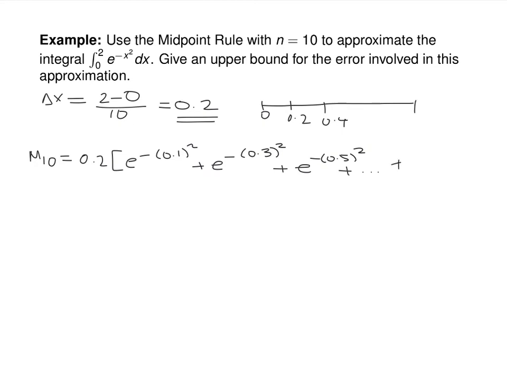If your very last point is 2, 0.2 before it is 1.8. So the last number you plug in is 1.9, e to the negative 1.9 squared. And then use a calculator very carefully to estimate that. It's approximately 0.882.